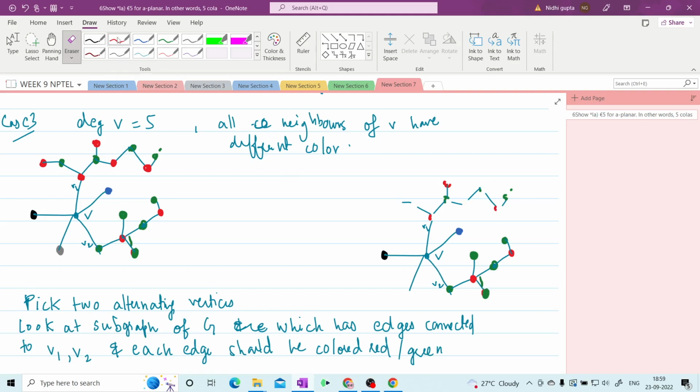All the vertices which were given a green color in the first branch are given the red color, and the vertices, so we are swapping the colors basically. So we have something like this.